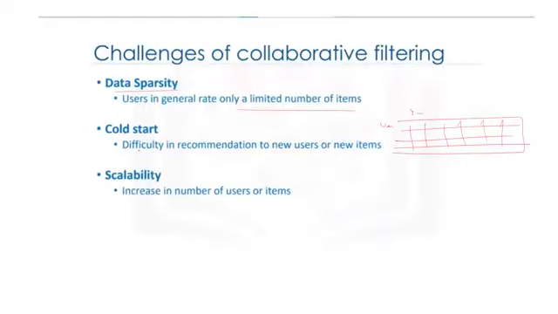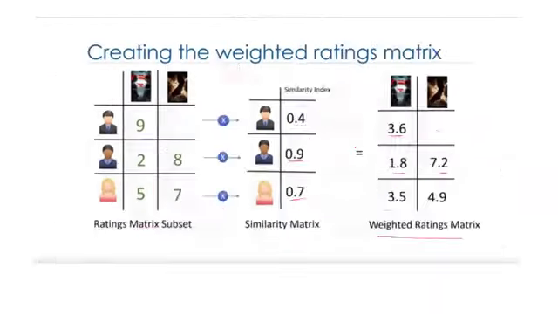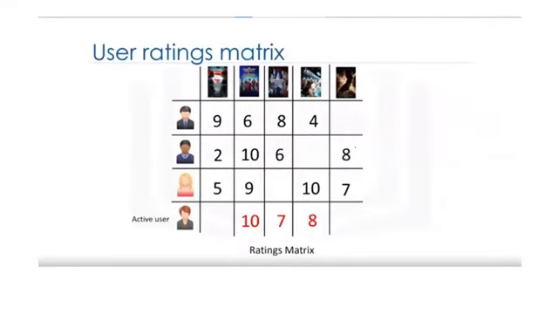Cold start is the difficulty in recommending to a new user or new items. If it is a new user, how will you find the similarity? Because you will not have any past history of that particular user. For an active user, we could find the recommendation because you have some historical data available.